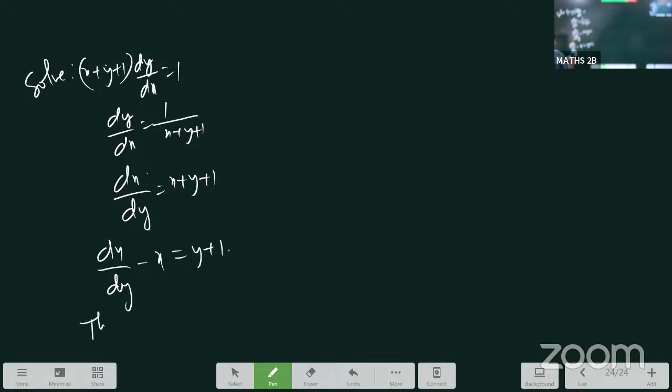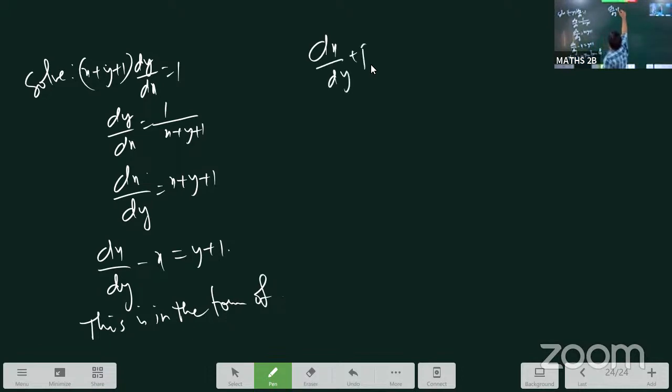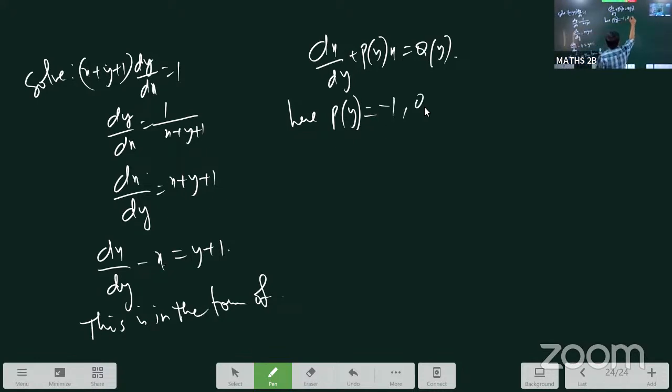Now this is in the form dx/dy + P(y)x = Q(y). Here, P(y) is nothing but your x coefficient, which is −1, and Q(y) is y + 1.